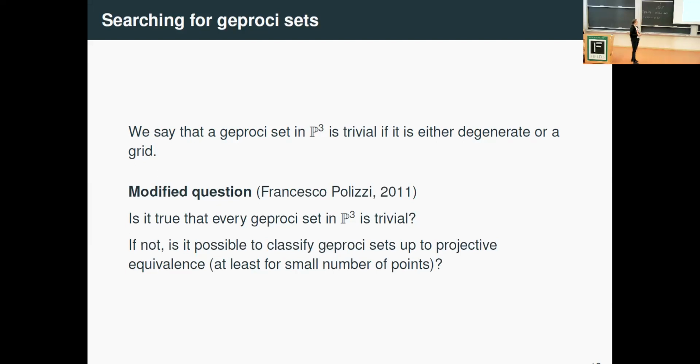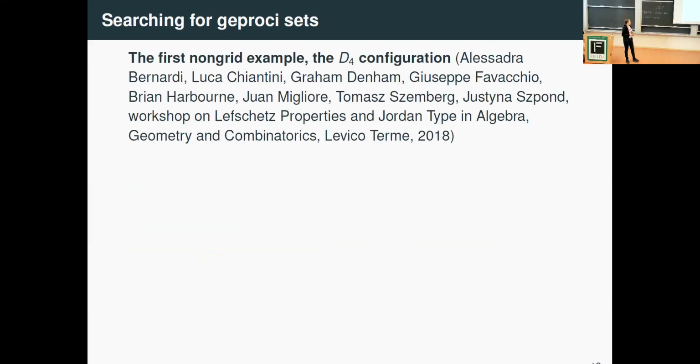Is it true that every Geproci set in P3 is trivial? And if it's not trivial, is it possible to classify the Geproci sets up to projective equivalence? Maybe not all, maybe just for some small number of points.